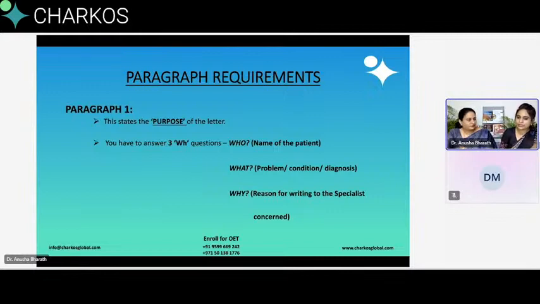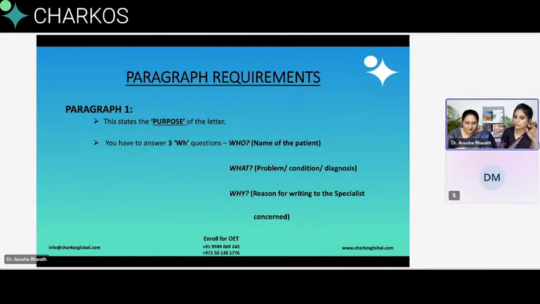So here, basically, you'll be answering 3 WH questions. And these questions are who, that is the name of the patient, what, the problem or condition of the patient, why, that is the reason for writing to the specialist concerned. So these 3 WH questions, if answered, would be sufficient.